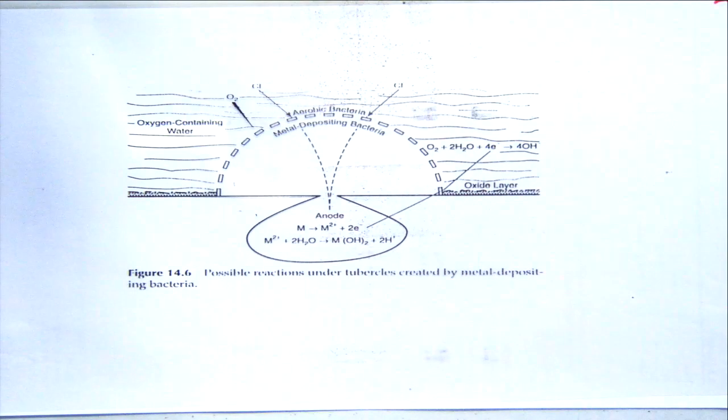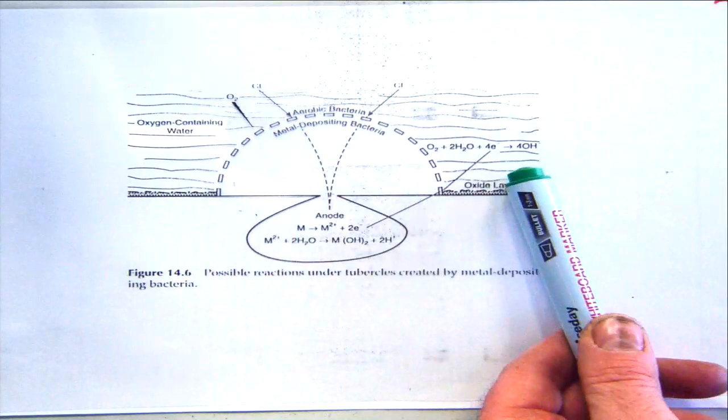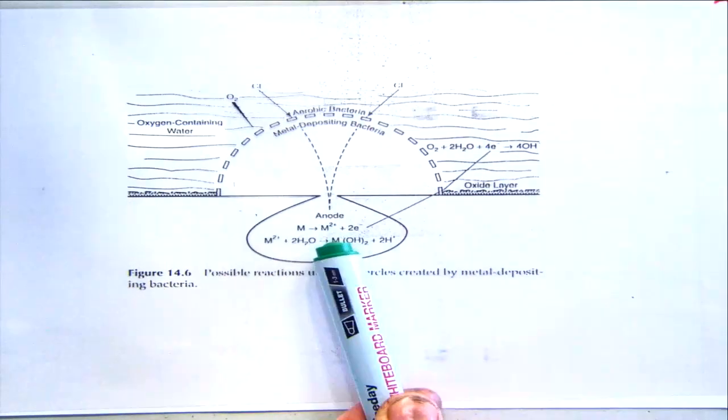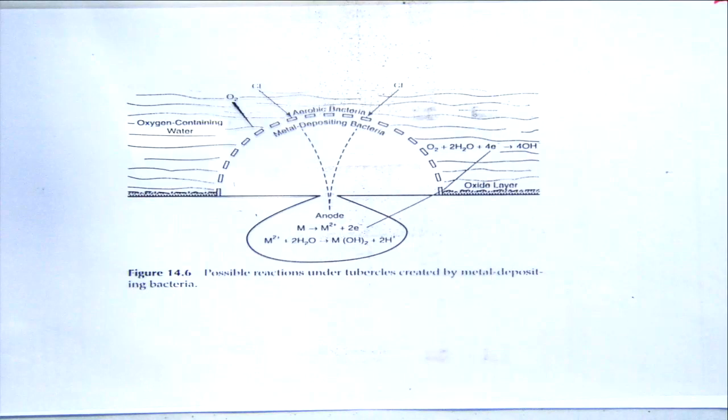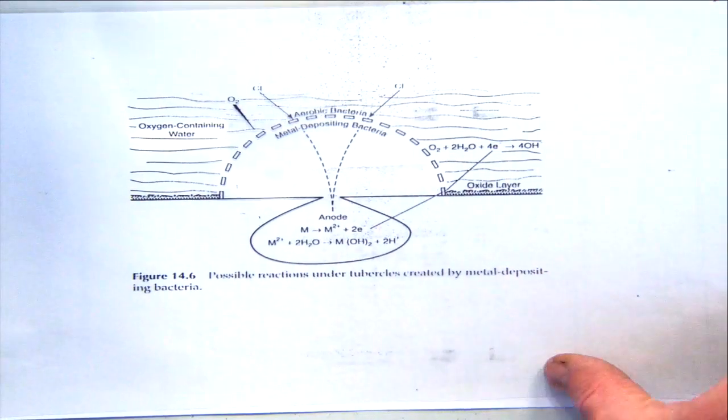It's not necessarily a perfect dome. And there are all sorts of things going on here, different bacteria doing different things. Sulfate reducing bacteria producing H2S, and so on. So you've got an ecosystem with different bacteria complementing each other, but also competing with each other.